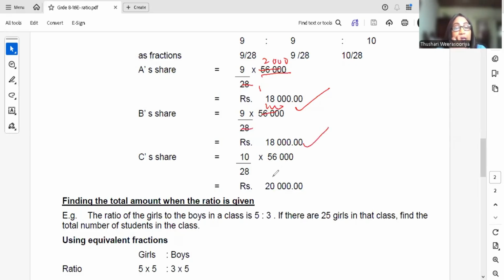Next one, C's share, 10 over 28, 28 times 2,000, 10 into 2,000, that is 20,000. Okay. That is how you divide according to money and time.